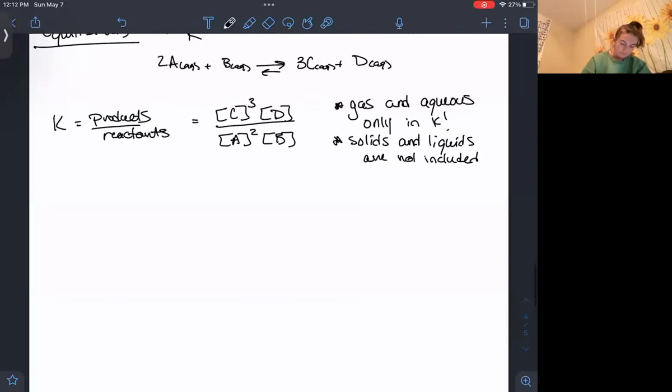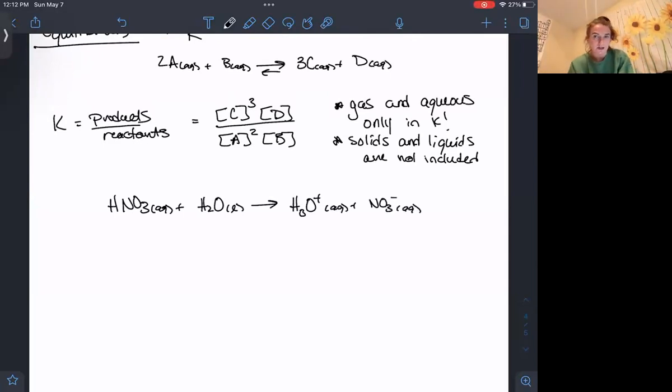So if we have this reaction here, what is our K for this reaction? Sorry, this is a 3.